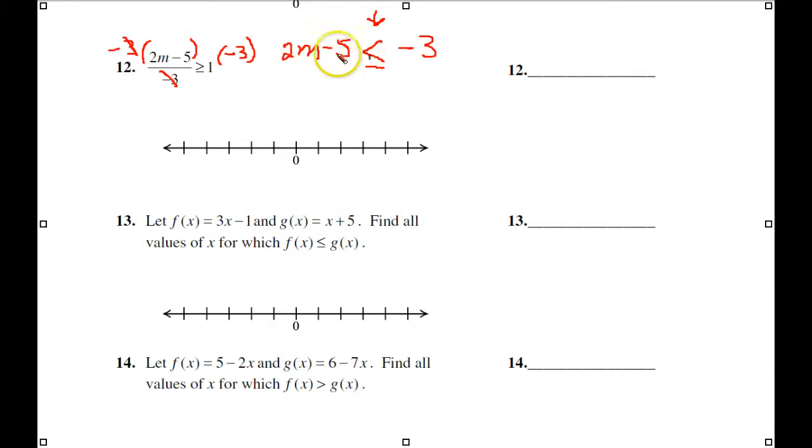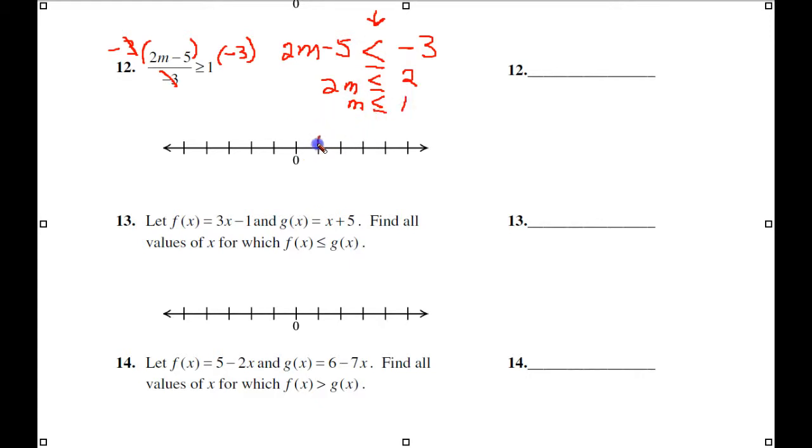So we're just going to transpose. So we get 2m is less than or equal to, the -5 on this side becomes a +5. So this will be 2. So m is less than or equal to 1.